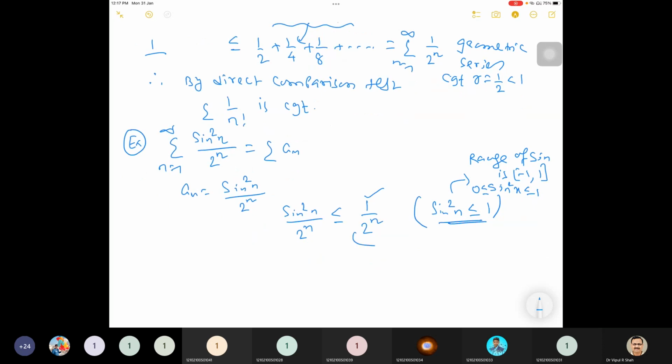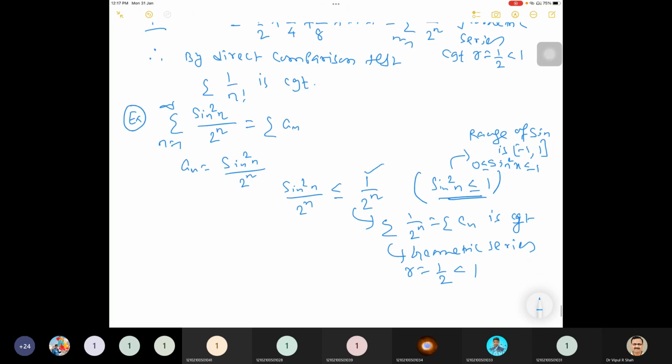So this is 1 upon 2 power n. So this is now series, you can take 1 upon 2 power n as series Cn, and it is convergent. Why? Because it's a geometric series, and r equal to 1 upon 2 is less than 1. So this is convergent, and our series is smaller than the convergent series.